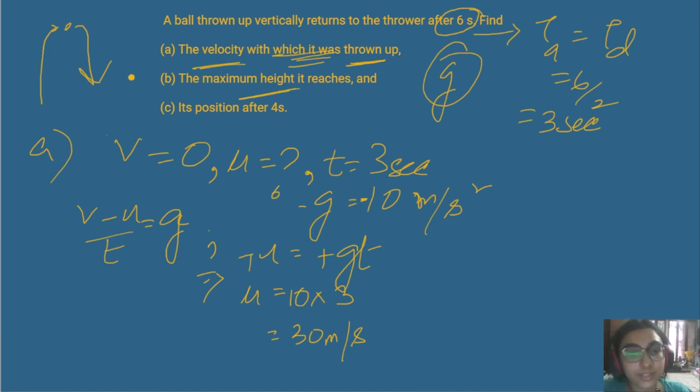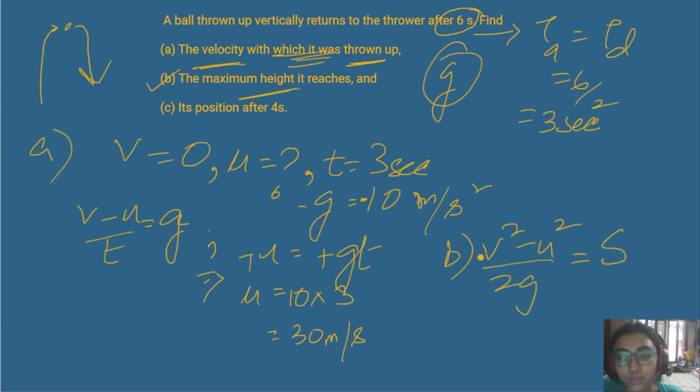Okay. So the second part of the question is the maximum height it reaches, we can easily calculate it by v square minus u square by 2g, which is s. So now we know the final velocity is 0 because it reaches the topmost point.